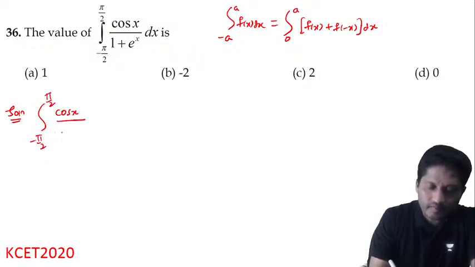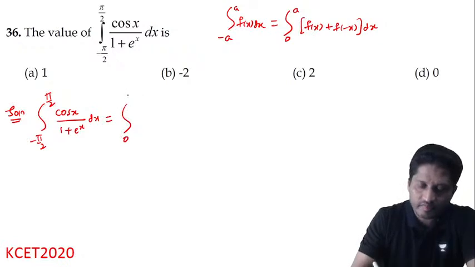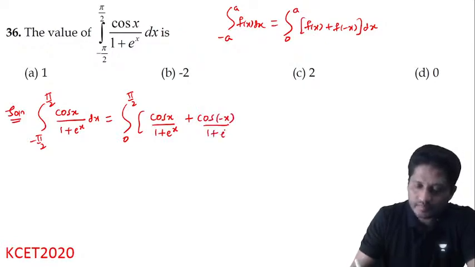Cos x upon 1 plus e power x dx is equal to the integration from 0 to pi by 2, where f of x is cos x divided by 1 plus e power x, plus f of minus x, which is cos of minus x upon 1 plus e power minus x, dx.